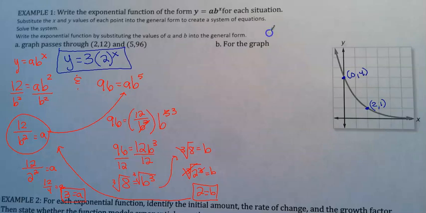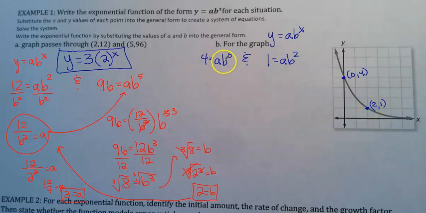So remember that's y equals ab to the power of x. So our y for the first one is 4, so we've got 4 equals ab to the power of 0. And our other equation, our y here is 1, so we have 1 equals ab to the power of 2 because our x was 2.